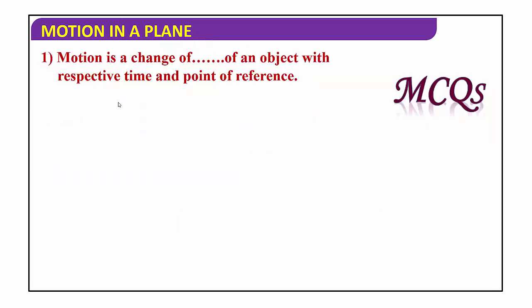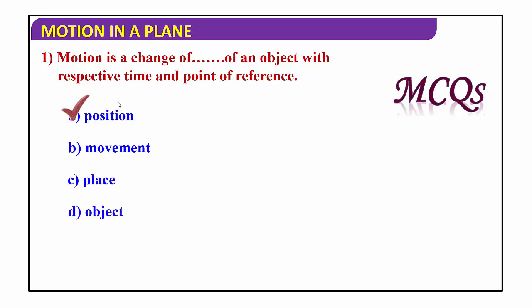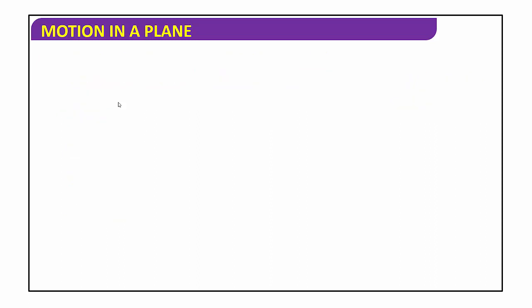Observe the MCQs here. The first question: motion is a change of dash of an object with respect to time and point of reference. Options: position, movement, place, object. Which is a suitable answer here? Position. Motion is a change of position of an object with respect to time and point of reference.